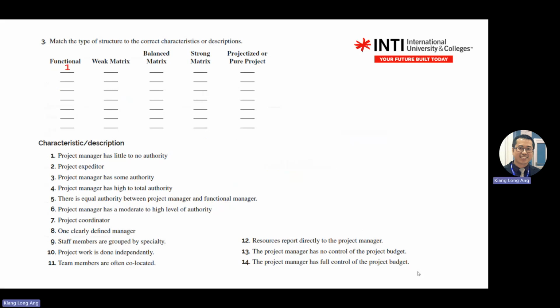Okay. So I'll give you number 1 is functional. Number 2 also functional, right? Number 2, expeditor is coordinator. What is the meaning now? Expeditor: a person who expedites something, employed in industry to ensure the work of each job progresses effectively.